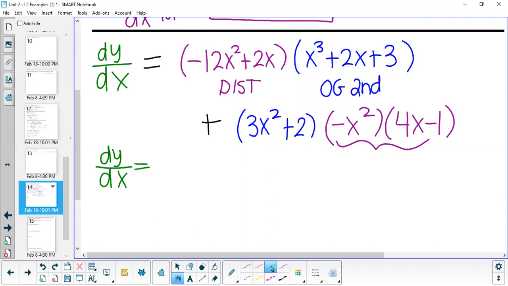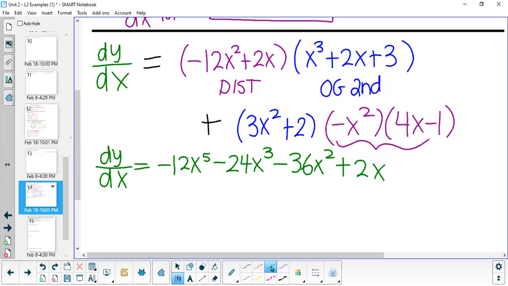If I do FOIL with the first part, you should get negative 12x squared times x cubed, negative 12x^5. I'm going to write everything down. Minus 24x cubed, minus 36x squared plus 2x to the power of 4 plus 4x squared plus 6x.